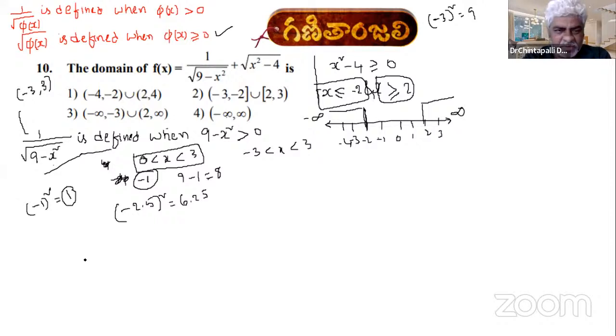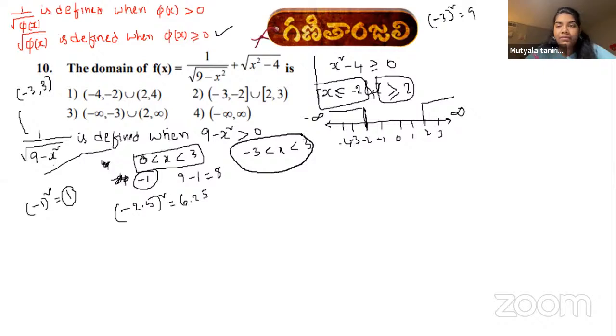What about the first part? Negative 3 to 3. Yes, negative 3 to positive 3. This is negative 3, right? But that means this number is not included. This is positive 3.